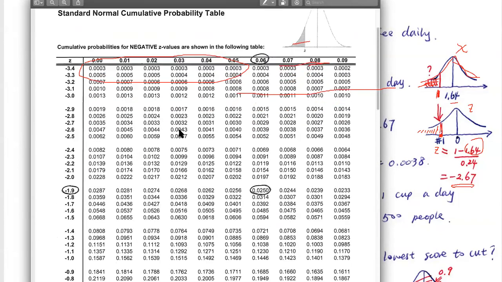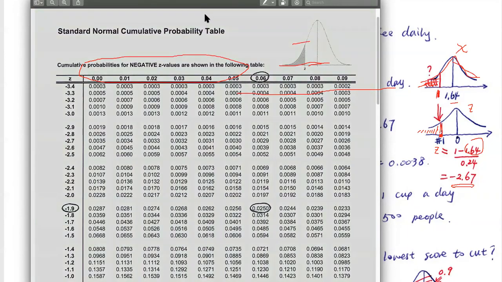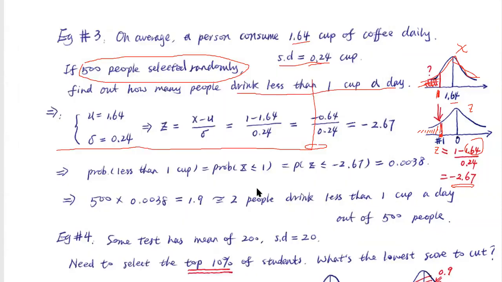Negative 2.6, this row here, and then 8. So that's the corresponding probability, 0.0037. So that's the number we are looking for here, everybody.